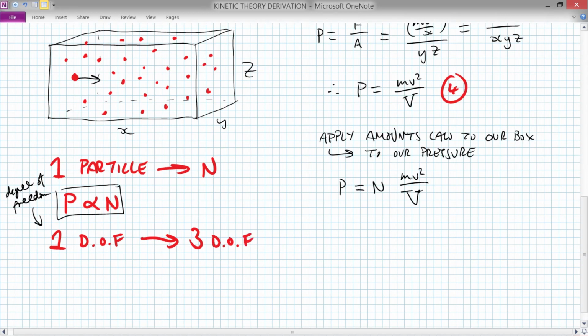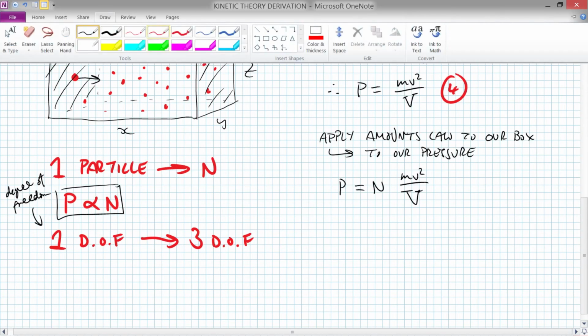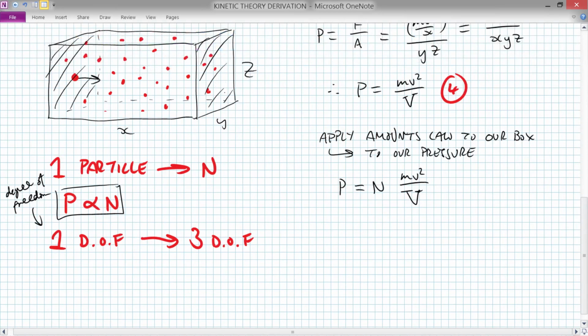So now instead of just colliding off one pair of walls, so it was just colliding here and here, it's now going to be colliding with 3 pairs of walls. If you think about it, we're now going to apply the fact that pressure is inversely proportional to area.